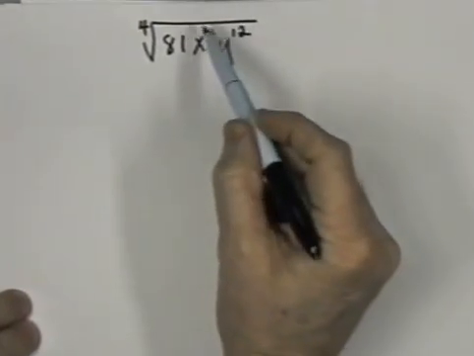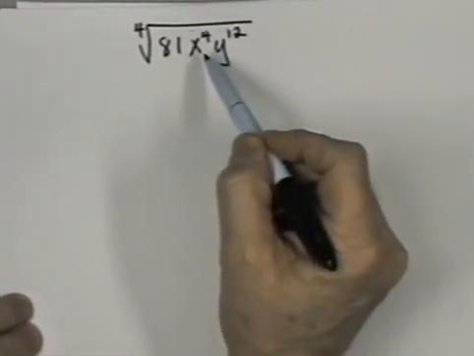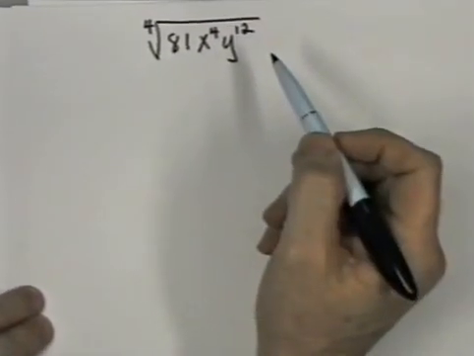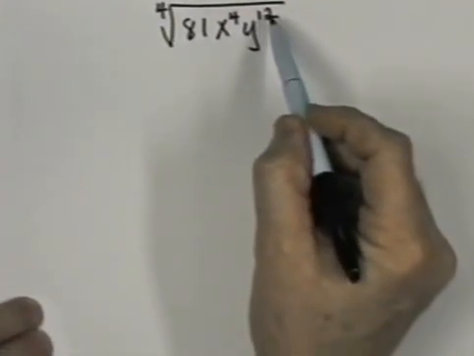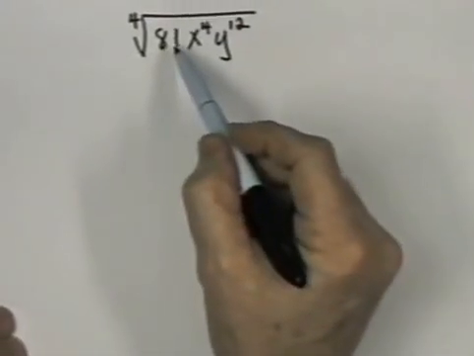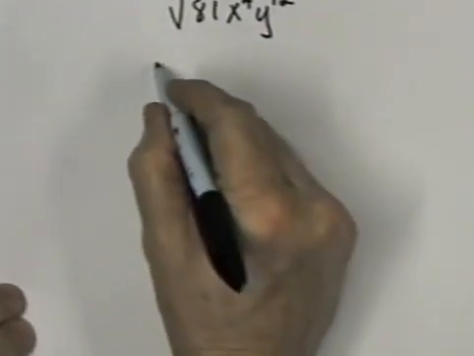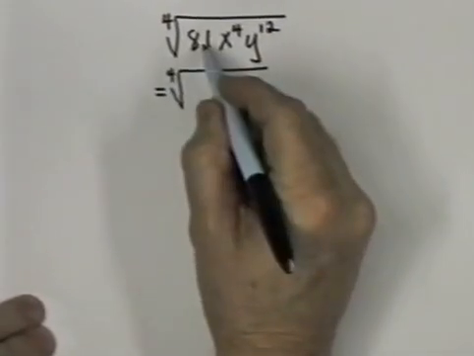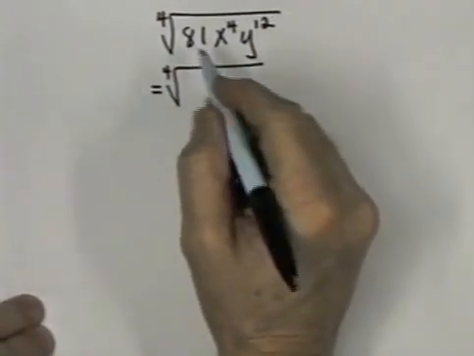Well, obviously sitting right there is a factor that's a perfect 4th power, but y to the 12th, that exponent's got a factor of 4 in it, so we know that's a perfect 4th power. And 81, well, let me just write that over. We know 81 surely is 9 squared, or 3 to the 4th.